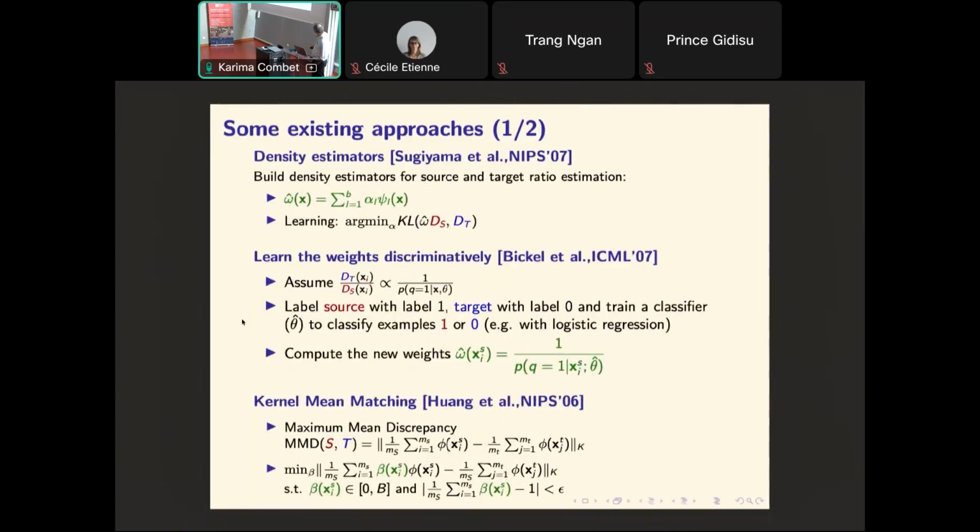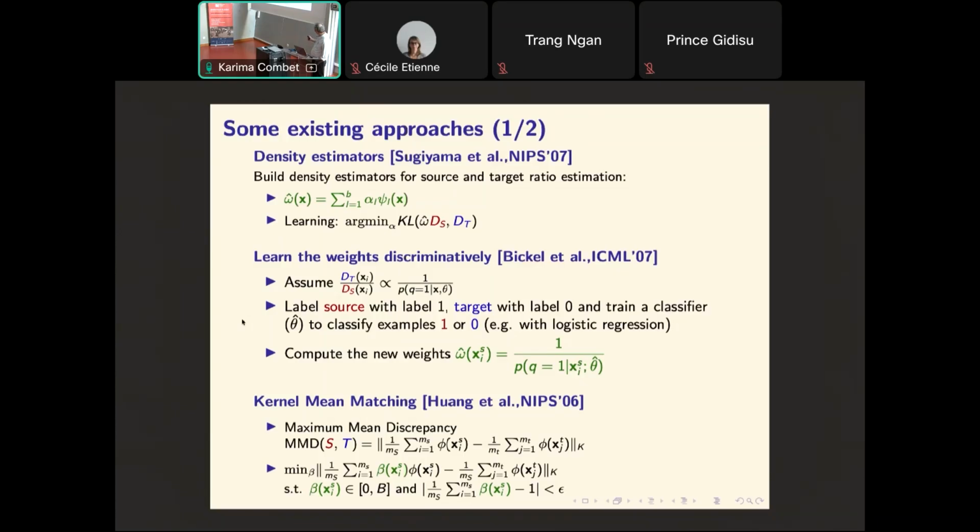And to do that, there are lots of strategies. The principle is that you define a way to measure the weight. So it could be a combination of functions. And then you try to minimize the divergence between the weighted source and the target. You can also make some assumptions on the ratio, like logistic regression here, and try to learn a model that will learn automatically the weights by solving a regression problem.